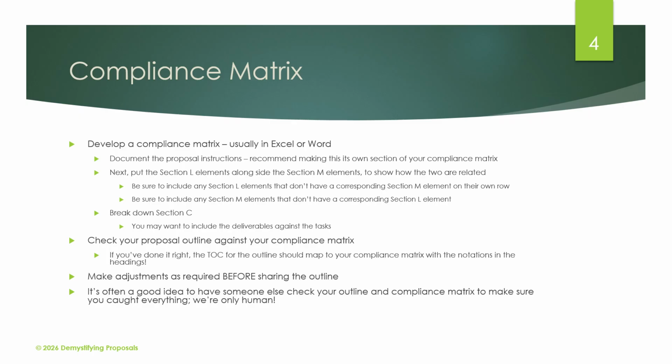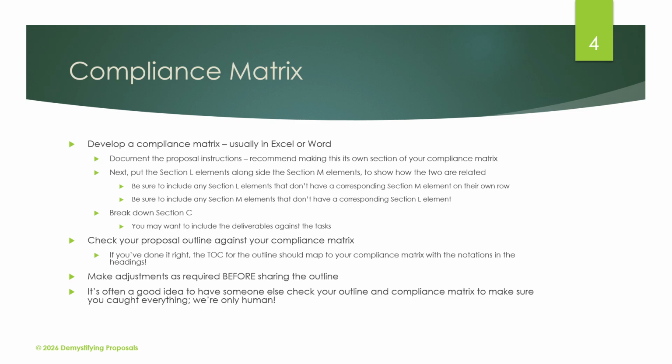So sometimes, again, you put the section C requirements in one column and the deliverables that go with those section C requirements in the second column. Just a good way to double check that you're covering everything you need to cover in your compliance matrix and then in your proposal outline itself, and then eventually in your proposal.